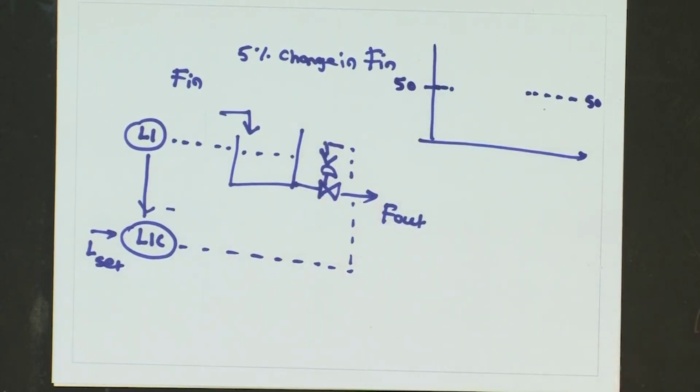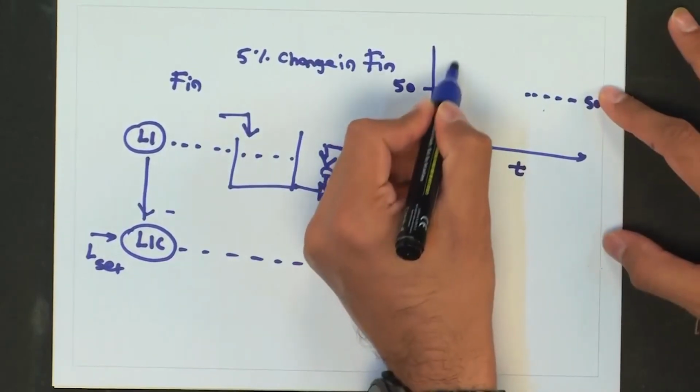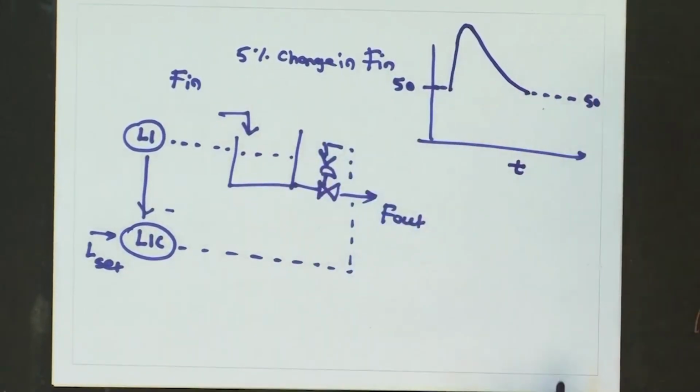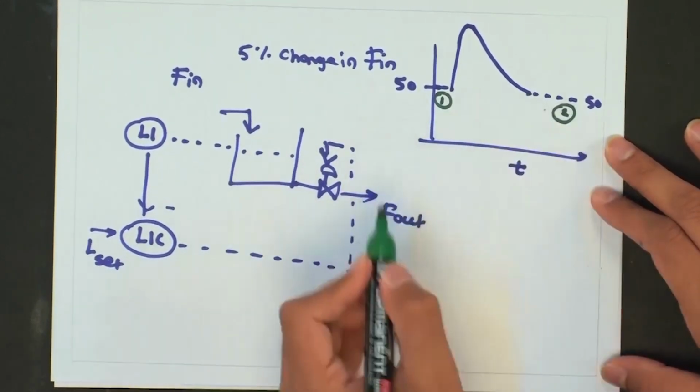If you look at the response, you would see that the height started at 50% and ended at 50%, but it went through some increase in the height followed by a drop in the height. So as a function of time, the height was not 50% all the time. A steady state model tells me only about the starting point and the end point.